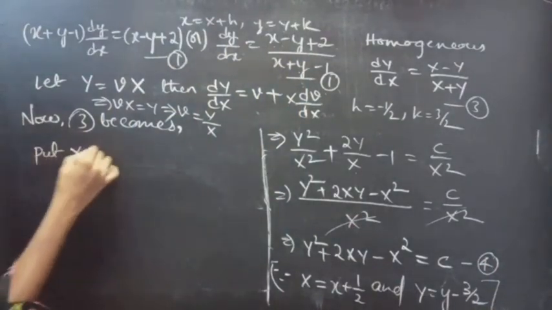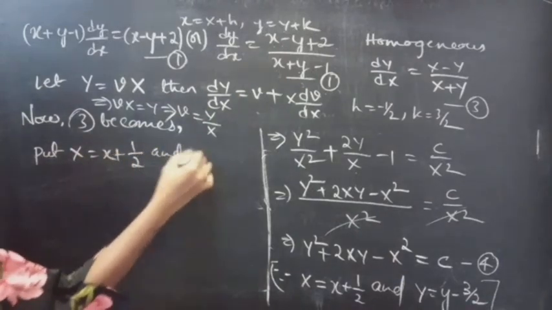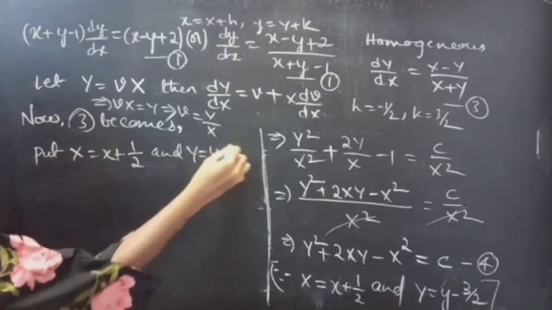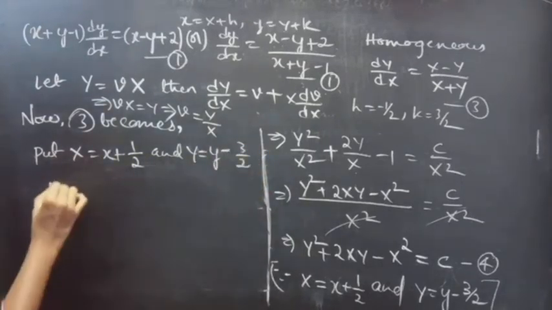Put capital X equals small x plus 1 by 2 and capital Y equals small y minus 3 by 2 in 4.